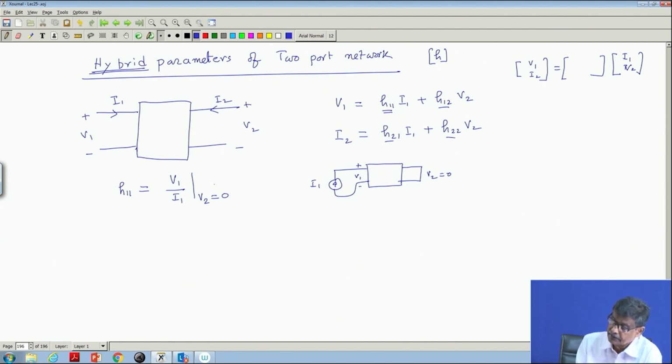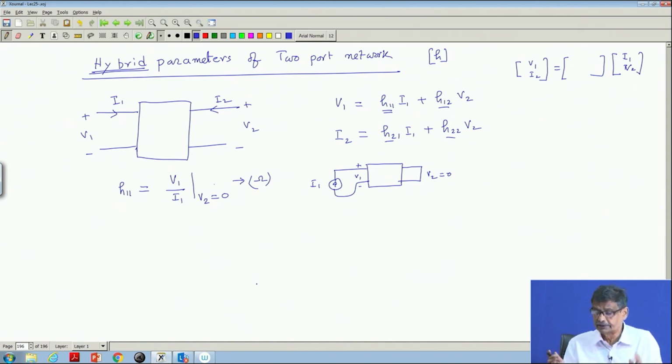Then V1 by I1 is the H11 parameter. H11 will have a unit of ohms, voltage by current. Is it equal to the driving point impedance? That we will see and you can easily ascertain, but let us keep it.